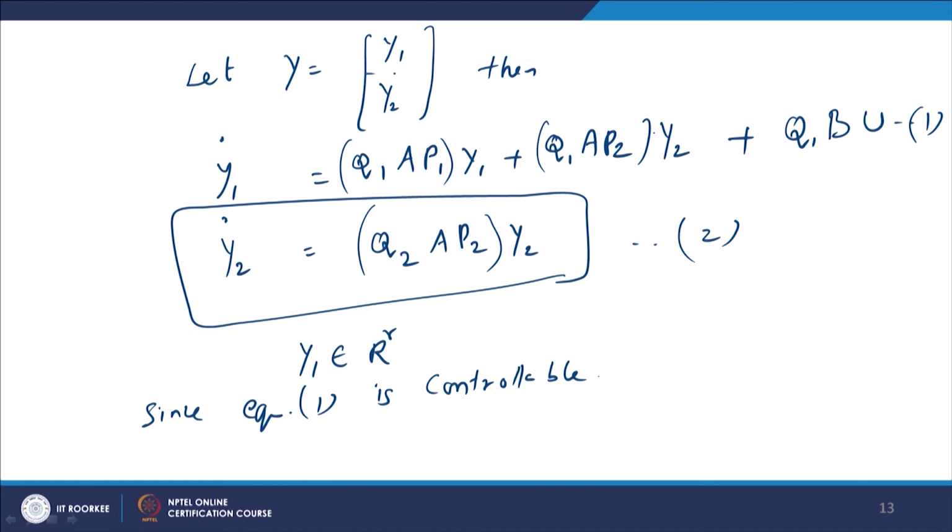So, only y1 is the state variable for the first equation and u is the control variable, and y2 is a known value because of the dynamical system.